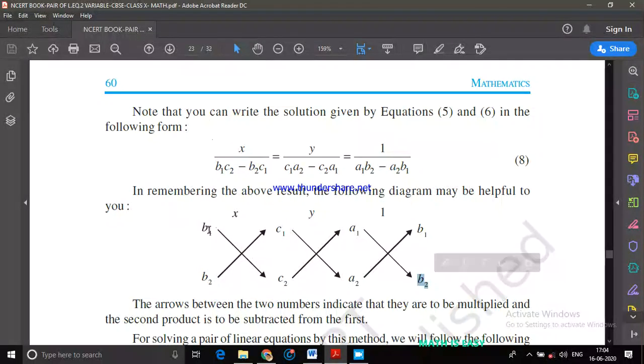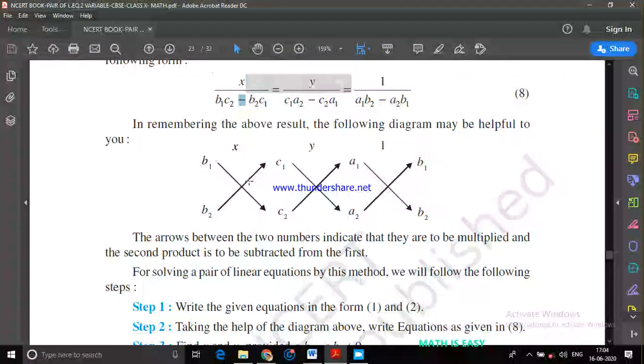So see the arrow mark, b1, c2 will be multiplied, minus, this is what I said, that this minus sign is coming from the formula. If you are getting confused, you can remember this formula: x upon b1 c2 minus b2 c1 equals y upon c1 a2 minus c2 a1, which equals 1 upon a1 b2 minus a2 b1.